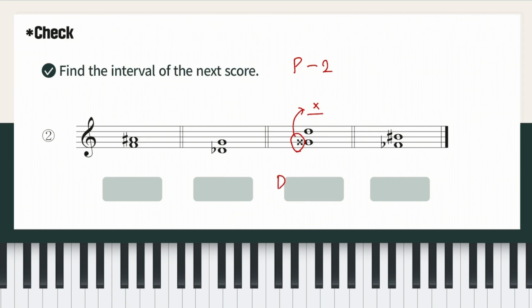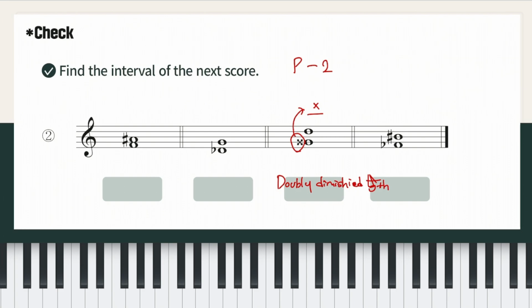So the answer is... it's easy, right? I recommend you refer to table A and table B in the book.